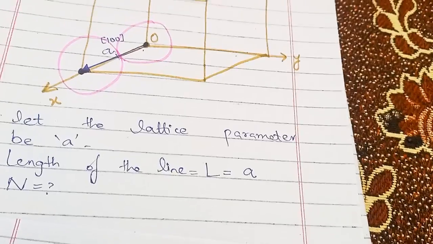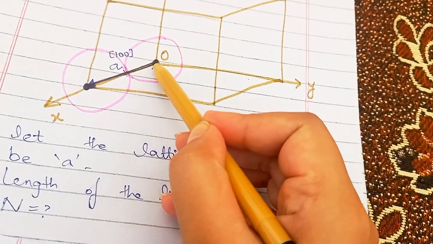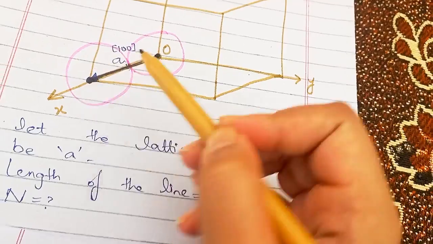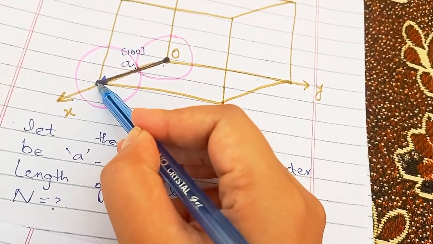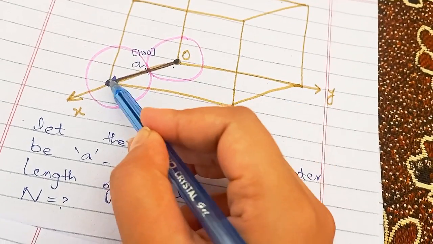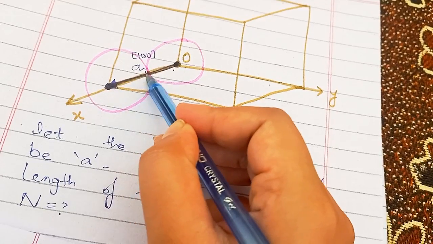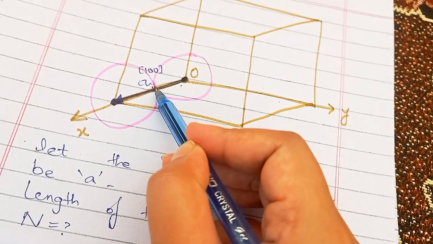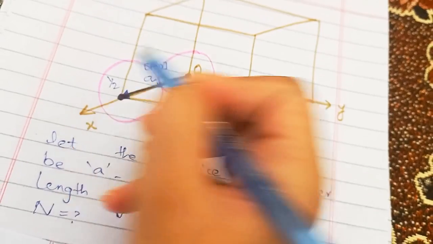So let's do it here. You can see this is the complete line, and you can clearly see this is the center of this atom. The center of the atom is here, and only half of the atom's diameter is inside the line by this atom, so its contribution to the line will be half.